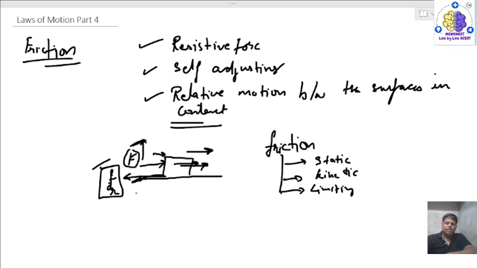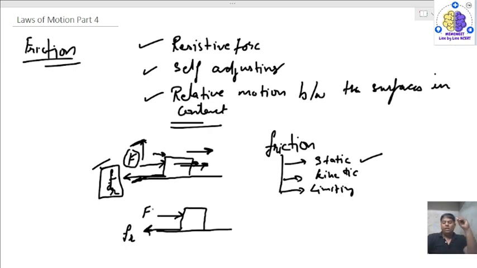Now let's see this example again in another way. There is a surface, and on the surface there is a block, and a force F is applied. The block has a tendency of motion in the forward direction, so it will experience a frictional force in the backward direction. This frictional force is a static frictional force if the block is not moving forward when I'm applying a force F in the forward direction.